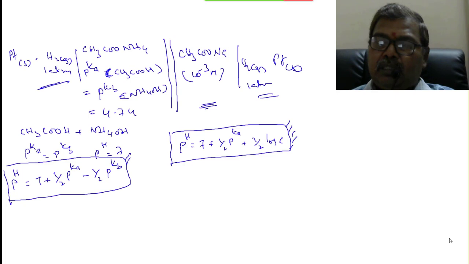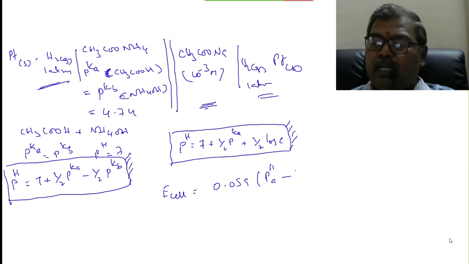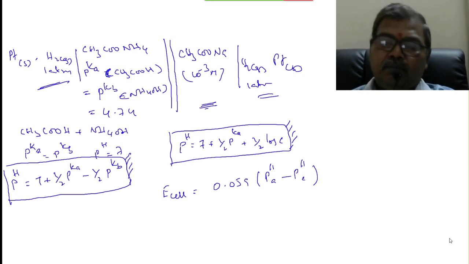By using this equation, you find the pH of the solution in the anode half cell, and then calculate the E cell value: 0.059 into pH A minus pH C. Okay. So these are some of the important models in concentration cells.